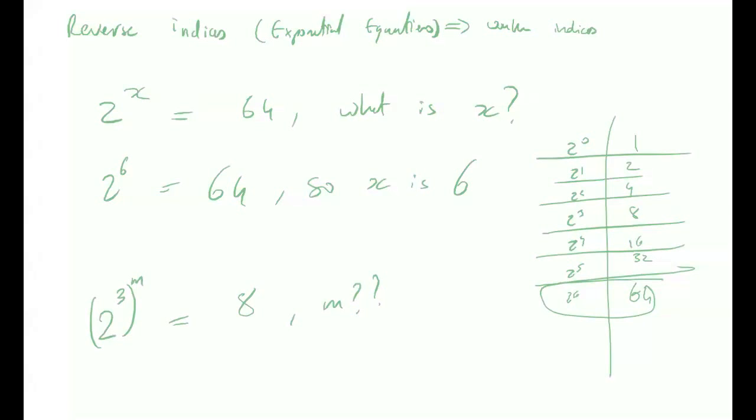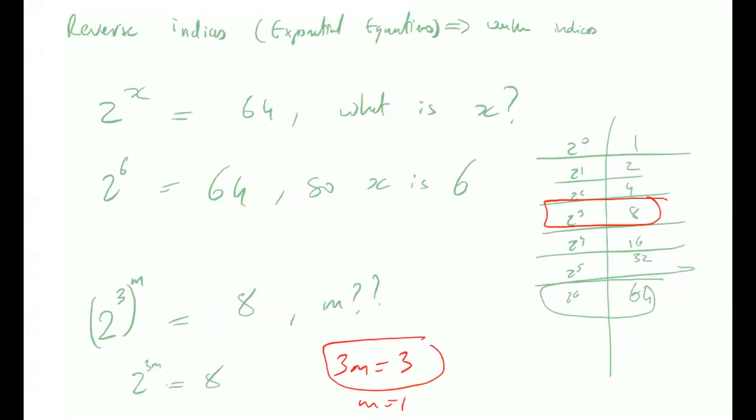We know that this is 3m equal 8, so we go back to this table. 2 power 3 is equal to 8. So 3m is equal to 3. So m is equal to 1. Salma, did you get it? Did you get it now? Yes? Okay, good.